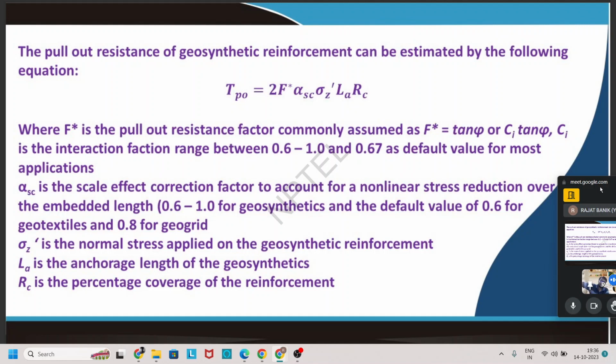Sigma Z dash is the normal effective stress applied on the geosynthetic reinforcement. LA is the anchorage length of the geosynthetic material. RC is the percentage coverage of the reinforcement. So these are the explanations of the terms, and by these terms we can find out the total pullout resistance.